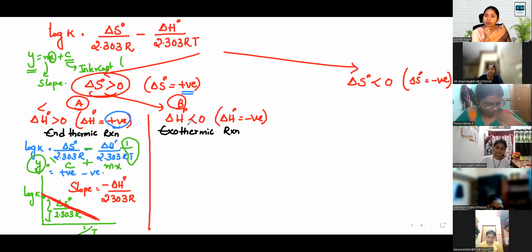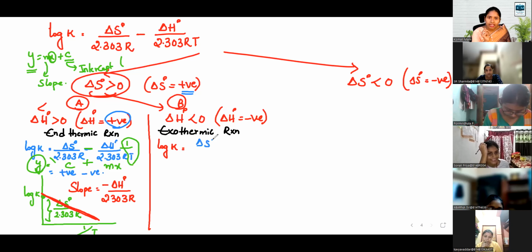Delta H naught will be less than 0, correct? So now tell me, which term? Log K is equal to, say the formula. I'll use the same color pen. Log K is equal to delta S naught by 2.303 R minus delta H naught by 2.303 R into 1 by t. Correct?